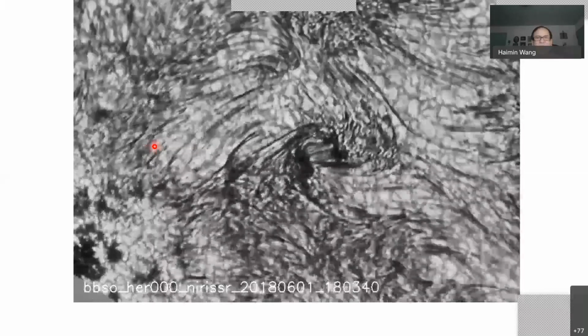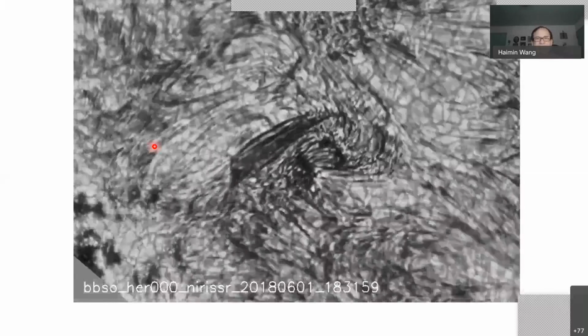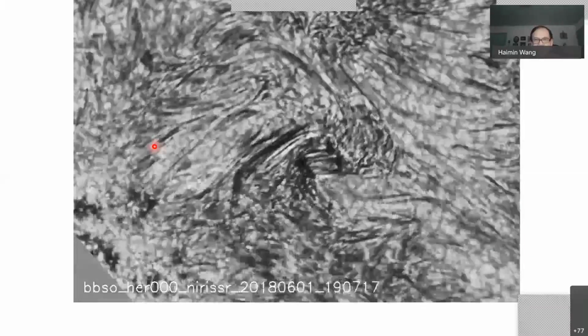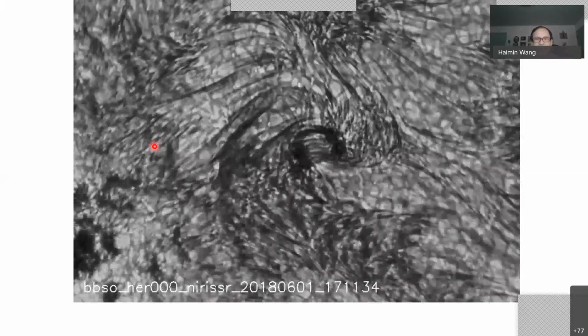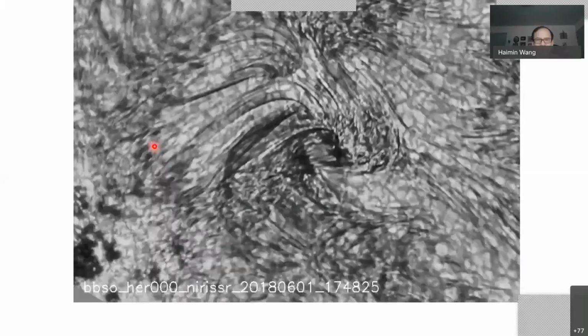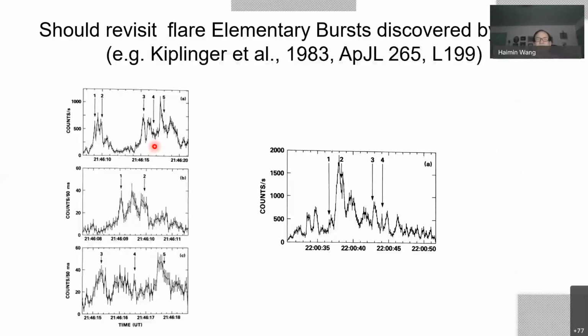Although when we treated CME, it's a large-scale phenomenon, during the process there could be a lot of small-scale reconnection happening.